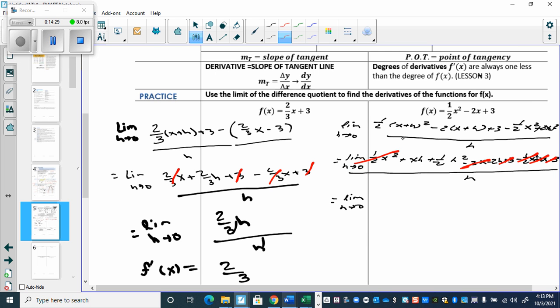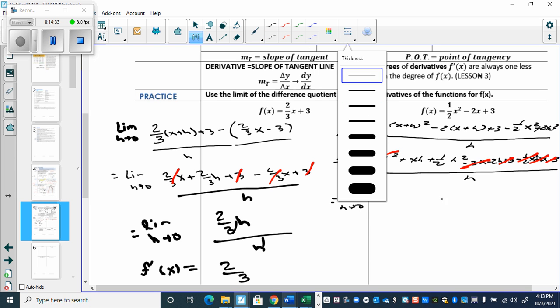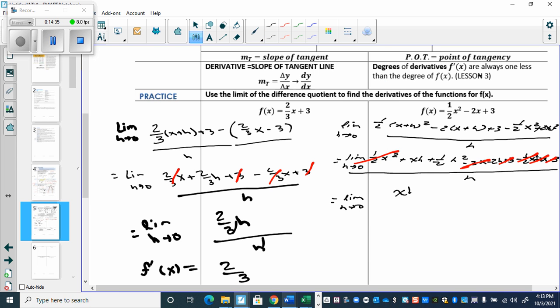All right, so let's simplify here. I have xh plus 1/2 x h squared minus 2h over h. Simplify again, equals the limit as h goes to 0 of x plus 1/2 h minus 2.